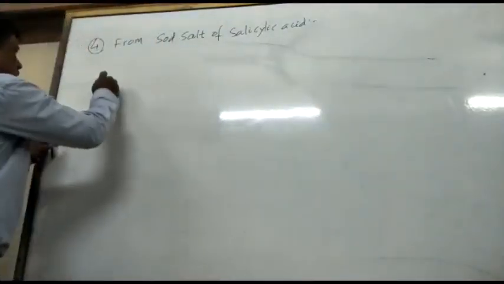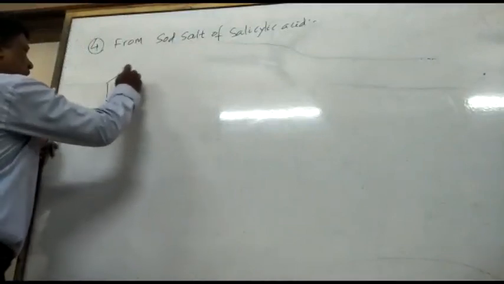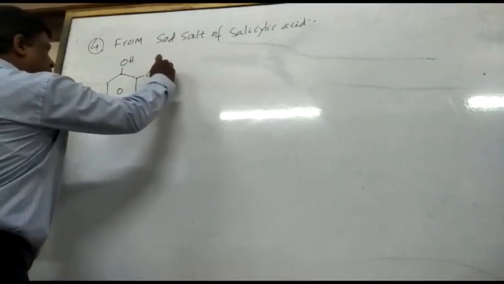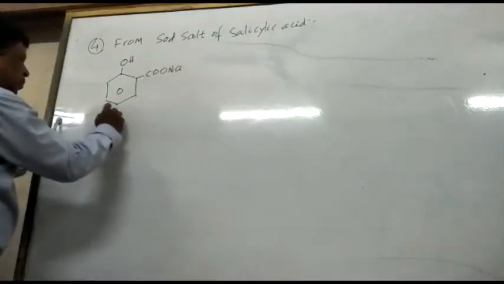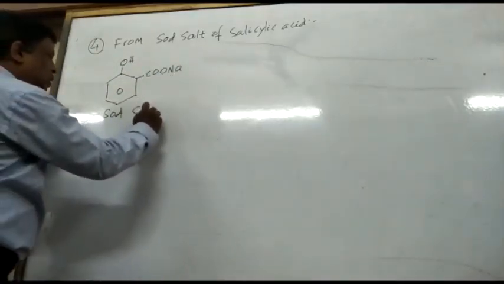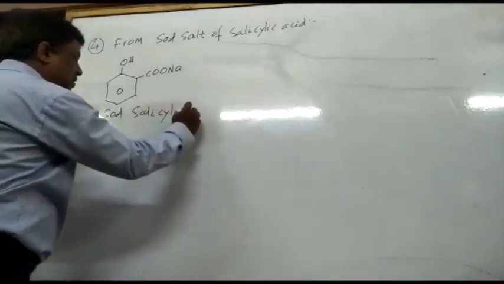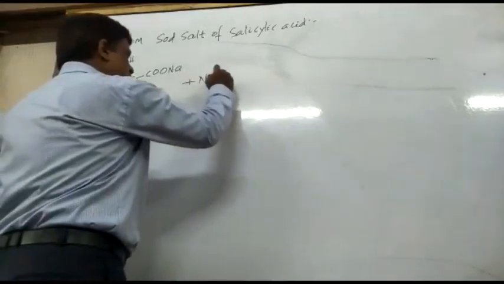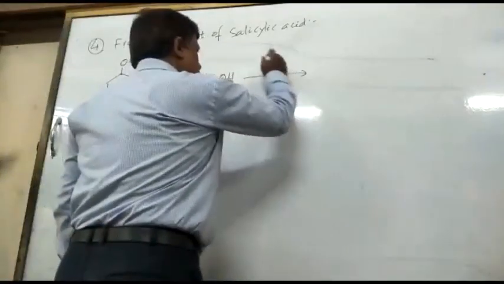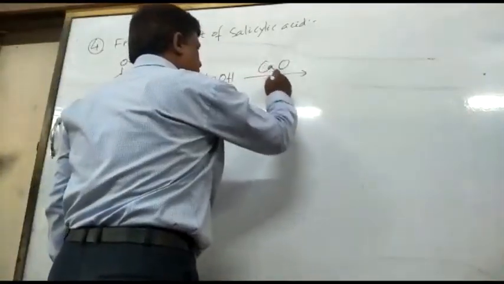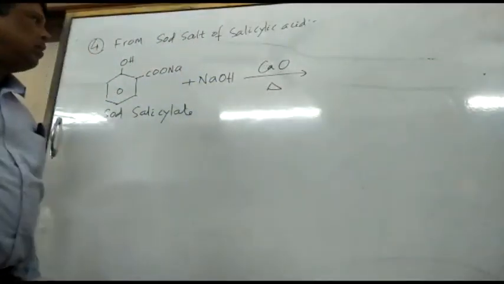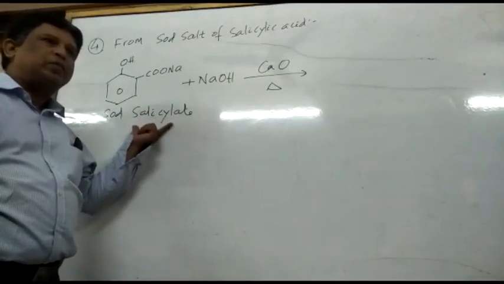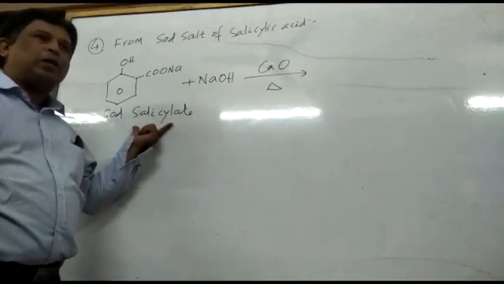Let us see the formula of sodium salicylate. Its name is sodium salicylate. When fused with soda lime, a mixture of sodium hydroxide and calcium oxide, when heated, it is the method of decarboxylation, that is, during this process there is removal of carbon dioxide.